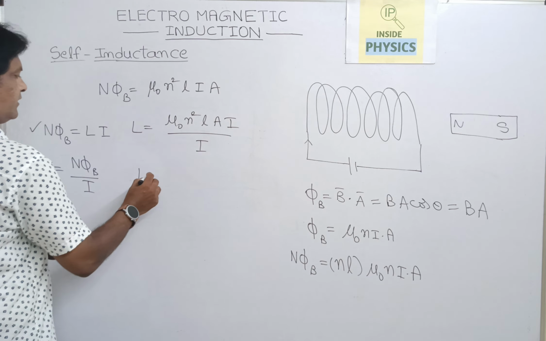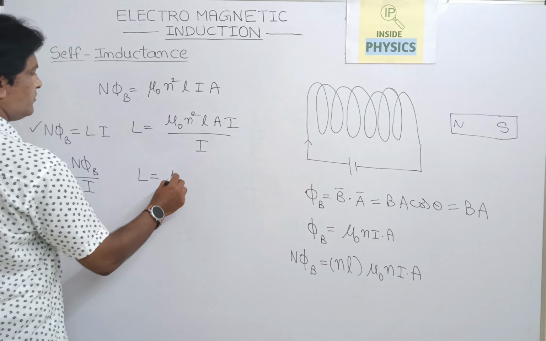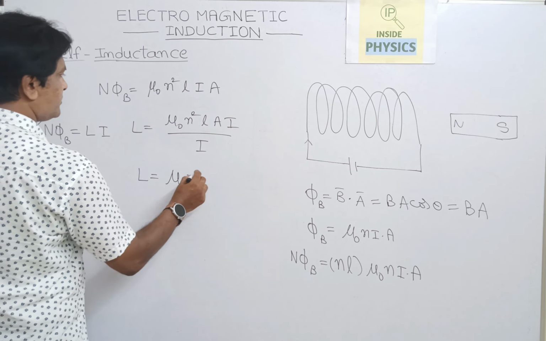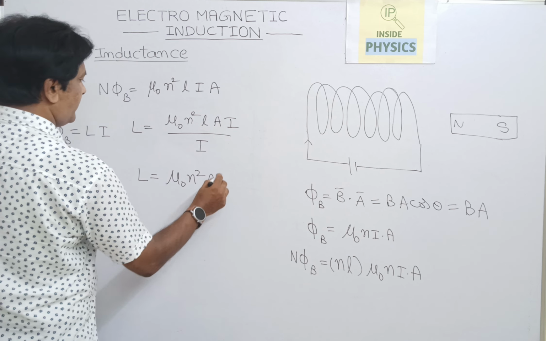So here L is equal to mu naught N square A L.